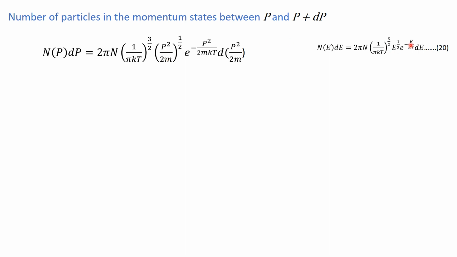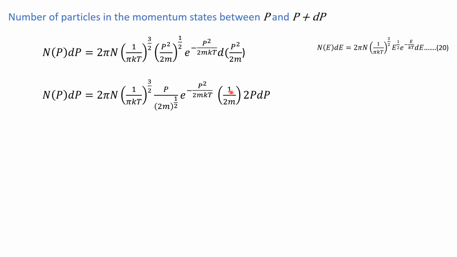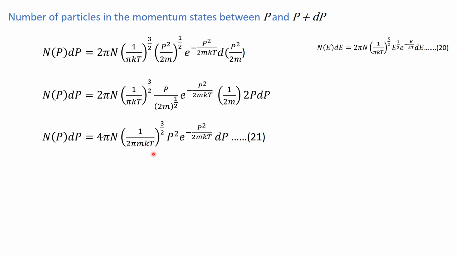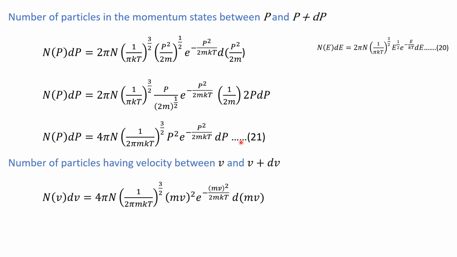You make some simple calculation, rearrangement and simplification, and so you are here. Equation number 21 represents the number of particles for momentum between P and P plus dP.